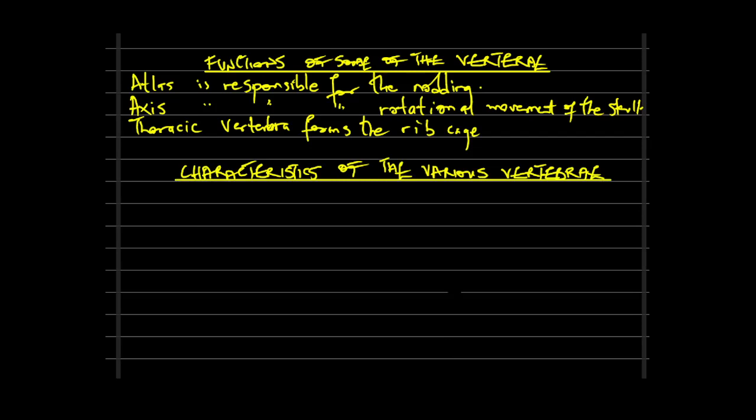So that is what we will be talking about now. So let's quickly start with the cervical vertebrae. We're talking about the characteristics now. We just take a few characteristics of each of the various vertebrae. So we're starting with the first one, which is the cervical vertebrae.